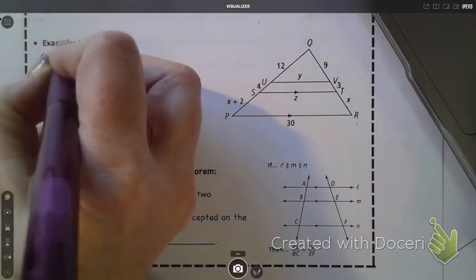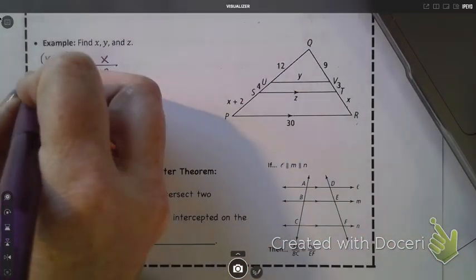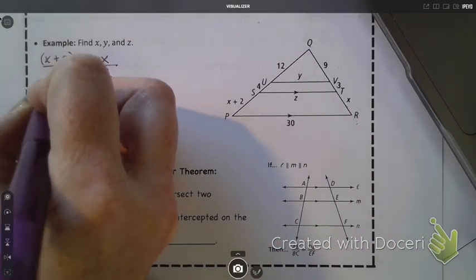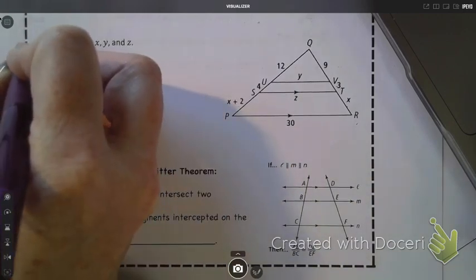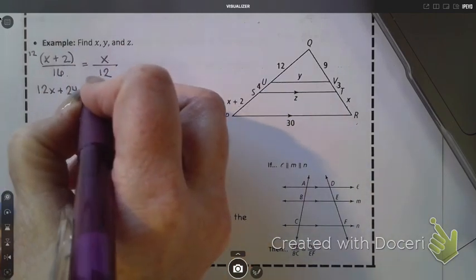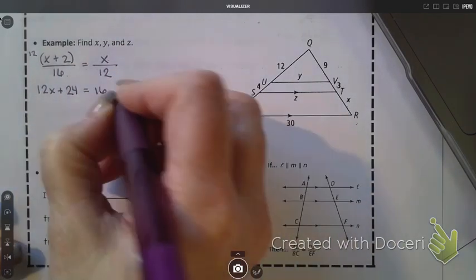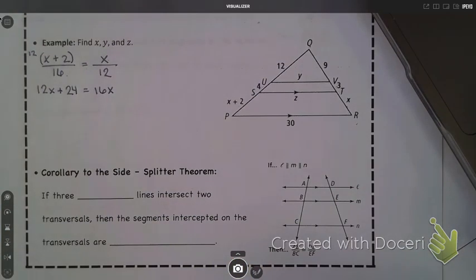This has to be a quantity, so I have to distribute. So it'd be 12x plus 24, because I'm multiplying by 12, and I'm multiplying x by 16. Not too bad, right? Now what?